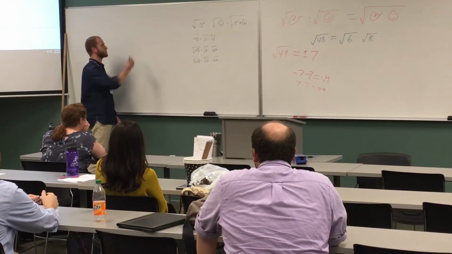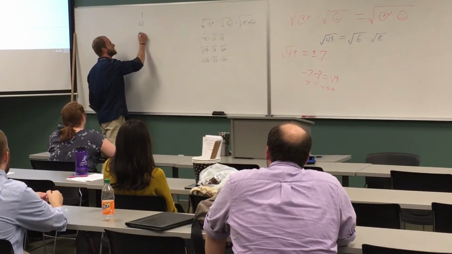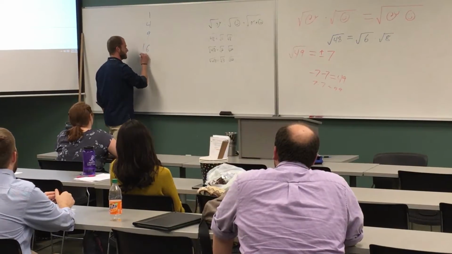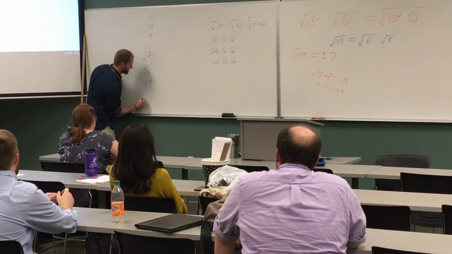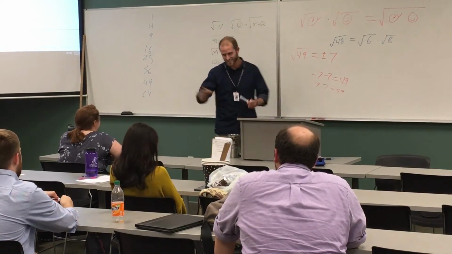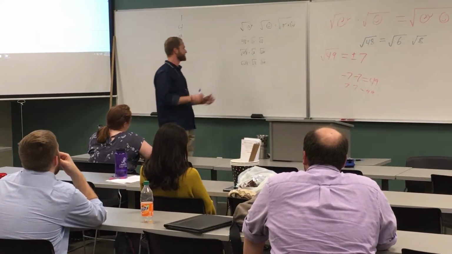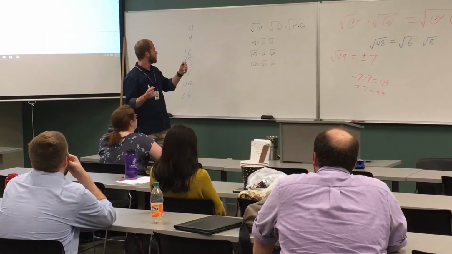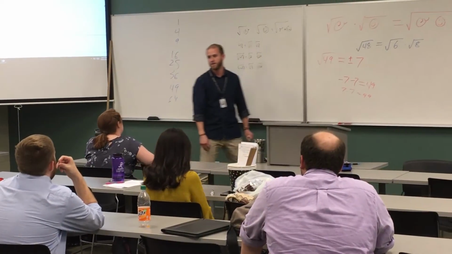So if you have 1 times 1, we get 1, and then 2 times 2 is 4, keep going. 9, 16, 25, 36, 49, 64. All right, that's good. So, we have something that happens every once in a while where we don't get a nice, perfect whole number like plus or minus 7, right?